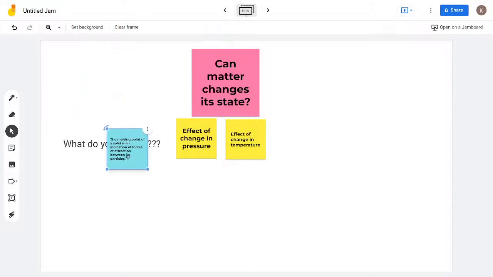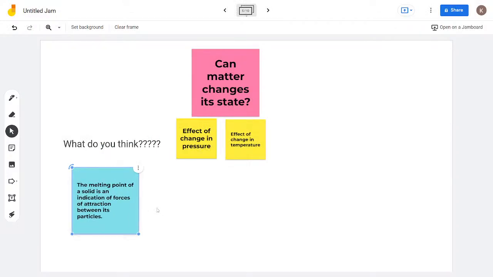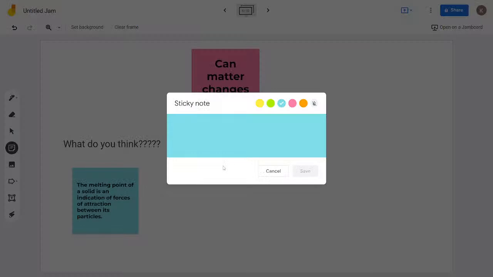Right? Now, the melting point of ice is 273.15 Kelvin. The process of melting, that is change of solid into liquid state, is known as fusion. What is fusion? The process of melting.